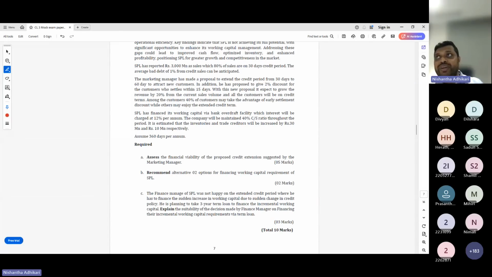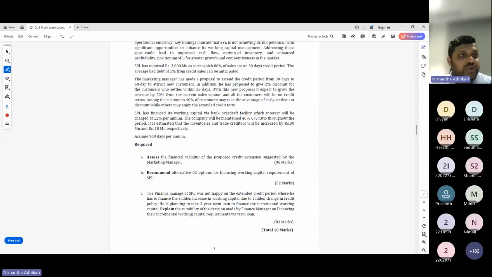Due to the seasonal effect, it will go up and down, right? Therefore, the sudden increase in working capital we call fluctuating current assets. Those are temporary, not permanent. If they are temporary, the best way to finance this working capital is via a short-term financing arrangement. That is fluctuating current asset.